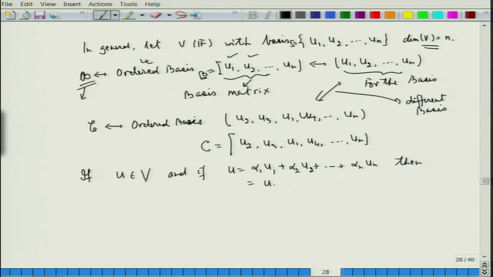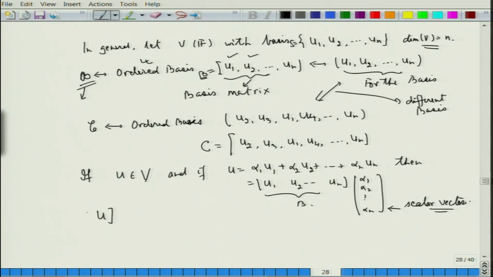So this is, as I said, if you recall, the way we write here, this times alpha 1, alpha 2, alpha n. We wrote the vectors like this, and these were the scalars that we are looking at, a scalar vector. Fine. So if you look at here, this is nothing but B itself. So what we do is that we write u, and then we put this bracket, and then put this calligraphic B to say that this is nothing but alpha 1, alpha 2, alpha n.